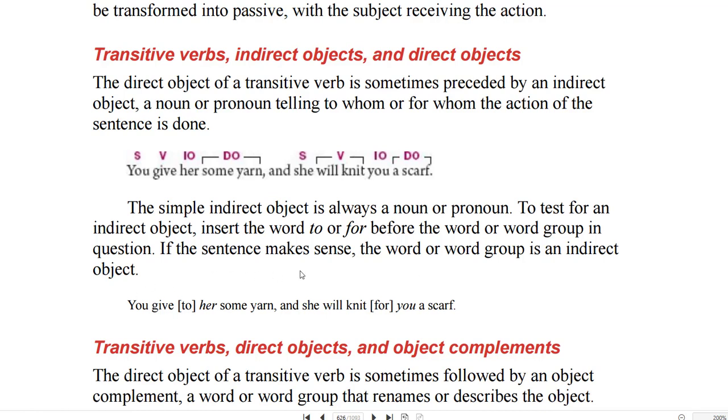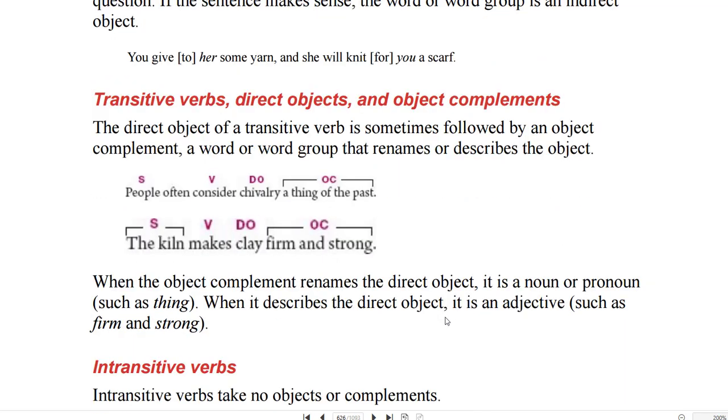If the sentence makes sense, the word or word group is an indirect object. So you give to her some yarn, and she will knit for you a scarf. And so here, for you is an indirect object, to her is an indirect object, some yarn is a direct object, a scarf is a direct object.